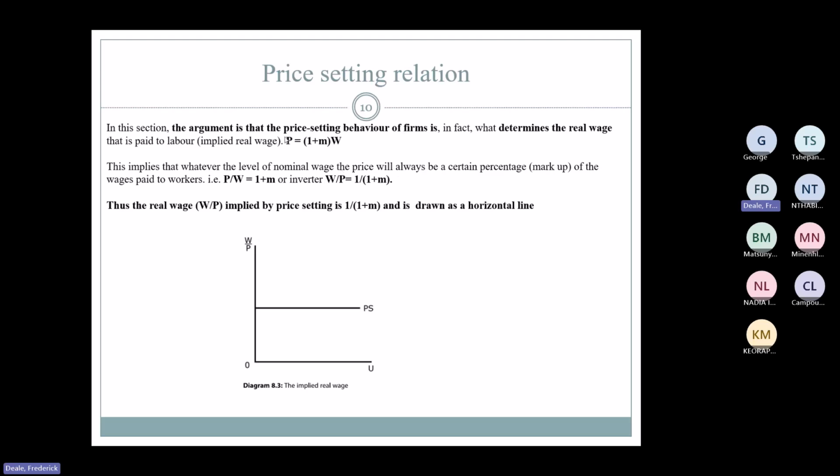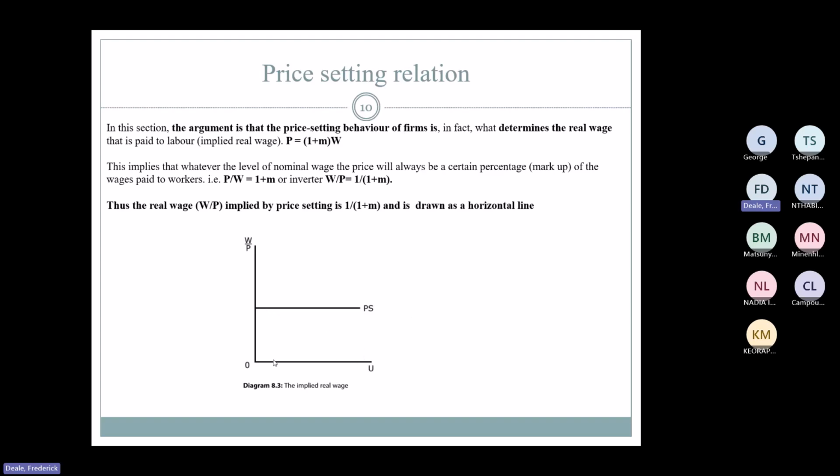If we were to draw the price setting relationship on this chart, that is your equation. Now, the first thing to note is it has no relationship with the unemployment rate. There's no U in that. It doesn't matter what the unemployment rate is, this remains the same. So at the end of the day, it's just a horizontal line.